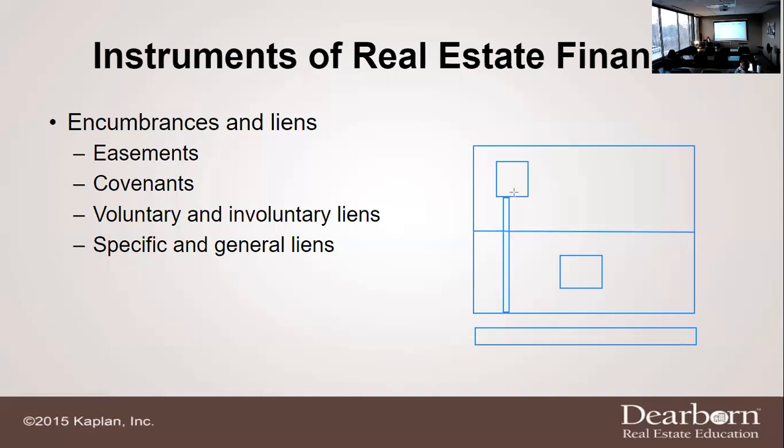Now, let me ask y'all this question. Does it have to be perfectly aligned with the property? No. What could happen is, say for example, Travis, you built this house right here, and you did a little driveway right there to your house. You don't want a huge road on your land.